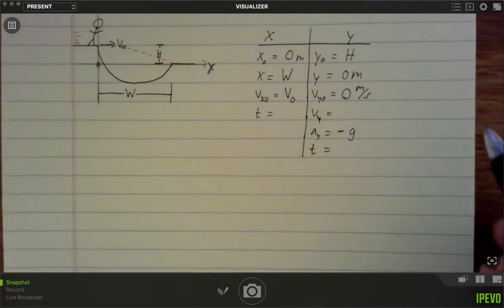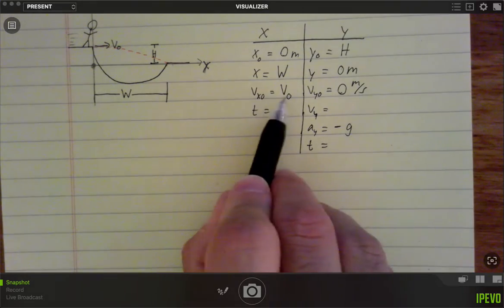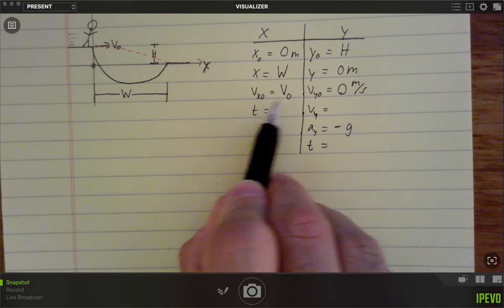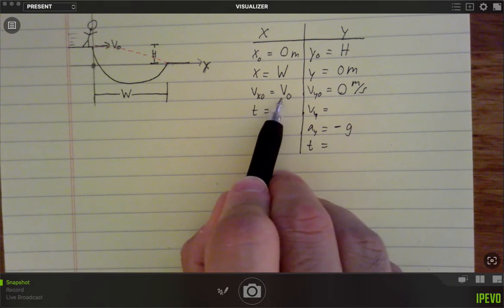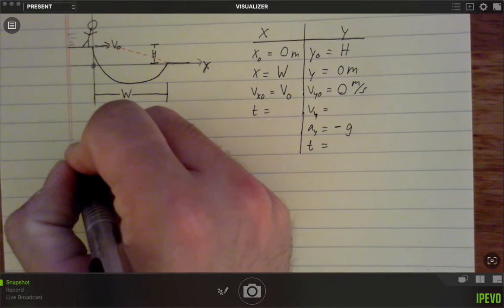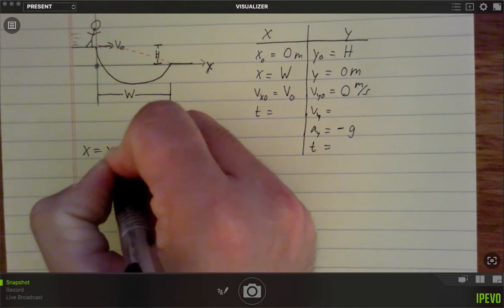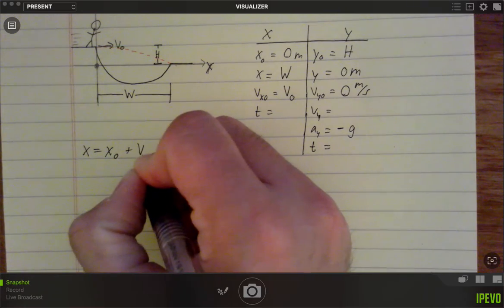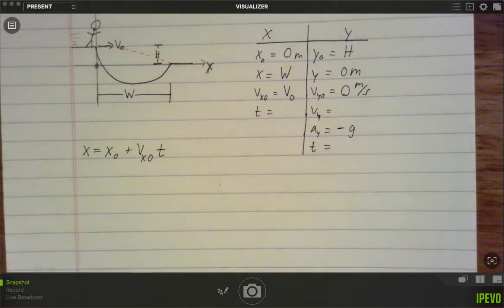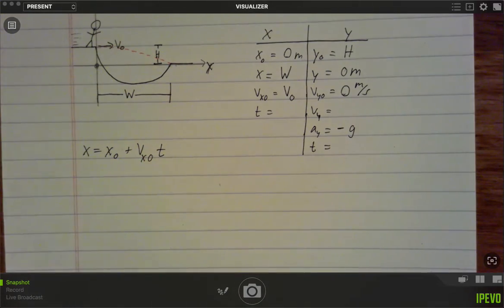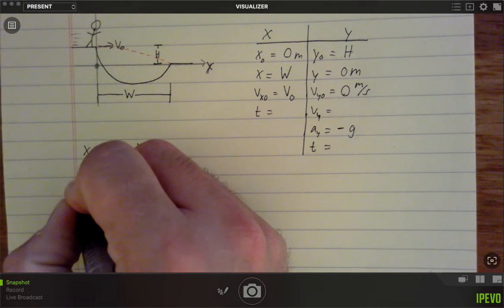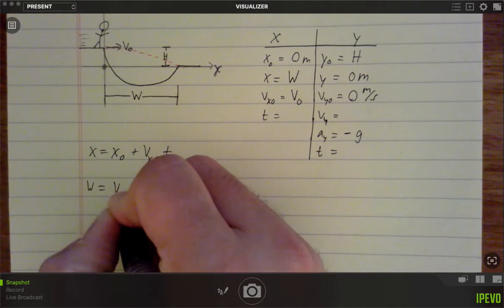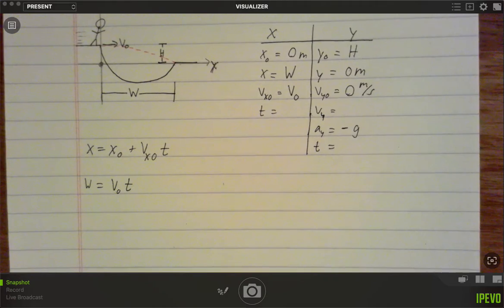There's a couple different ways you can approach this, but I'm going to start in the x direction because our final variable is going to be in the x direction. The only equation that describes horizontal motion for kinematics is this one, and I can pretty quickly fill this in as W equals V naught times time.